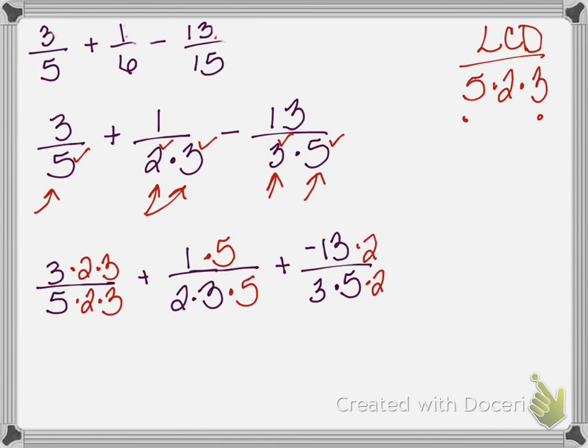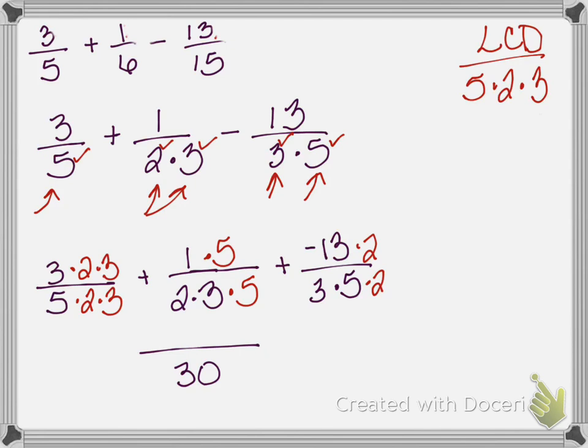Now we have essentially done exactly the same thing. We've thought about it a different way. Thinking about it a different way helps us solve the more complex problems. So now I have a denominator of 30 because 5 times 2 times 3 is 30.